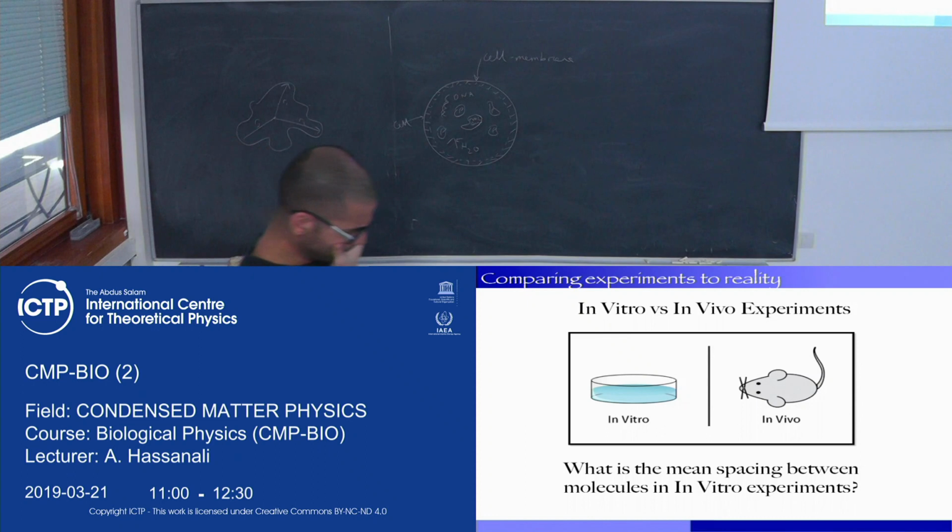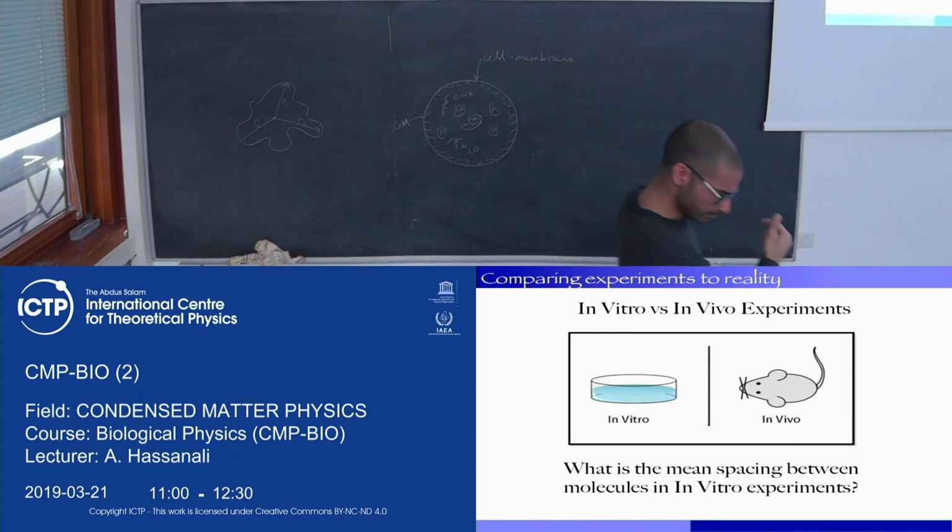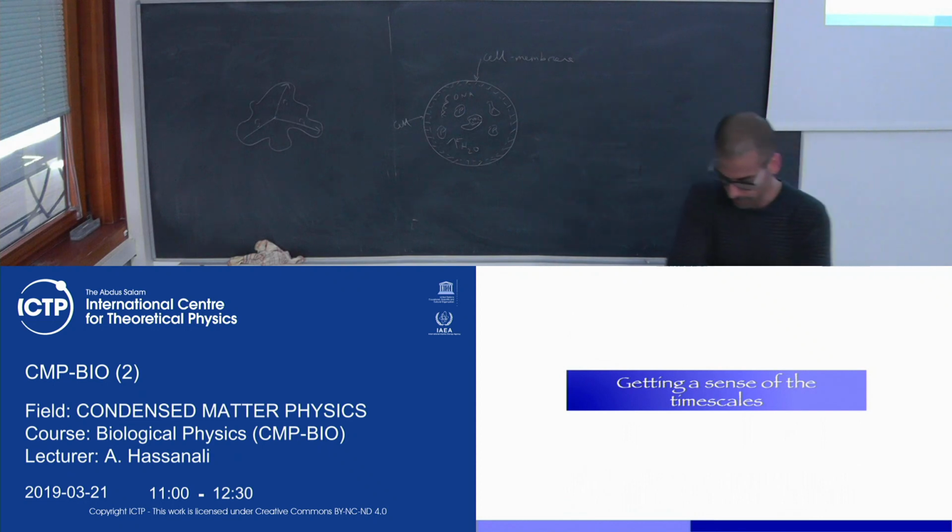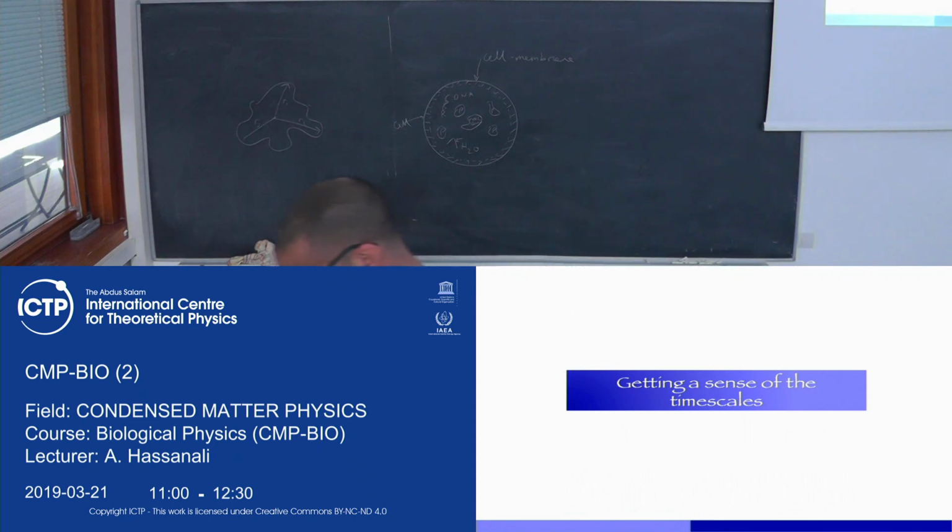Okay, so what's your feeling? What do you think are the relevant time scales in biology? Is that even a meaningful question? When you think of time scales, what comes to your mind?